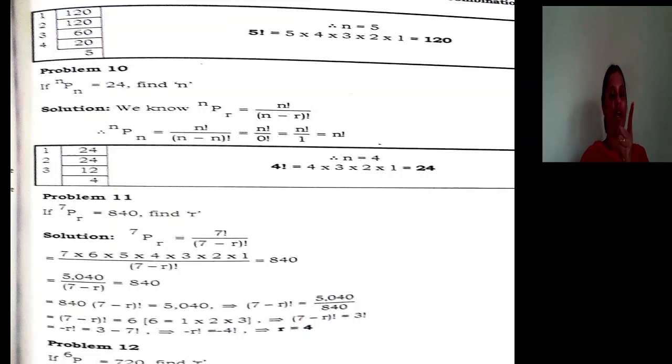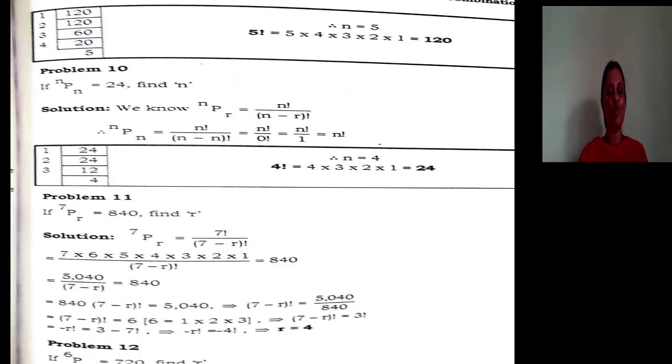Then we have to divide it by 4. 4 times 5 is 20. That's all. Now if we divide it by 5, we will arrive at 1, and we should not again arrive at the answer 1. We should stop here. So 5 times 4 times 3 times 2 times 1 is 120. Then n is how many factorial? It is 5 factorial.